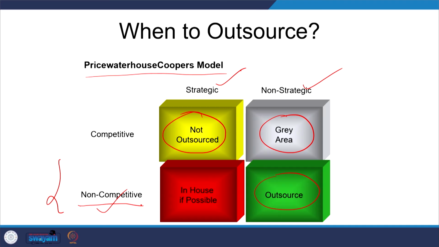So, it is left to the manager's own thought process. And in this place, if you look at this quadrant, if it is a non-competitive product but strategic in nature, then it is again better to produce in-house. So, the PricewaterhouseCoopers model tells you in which conditions a company should go for outsourcing and in which conditions it should not.